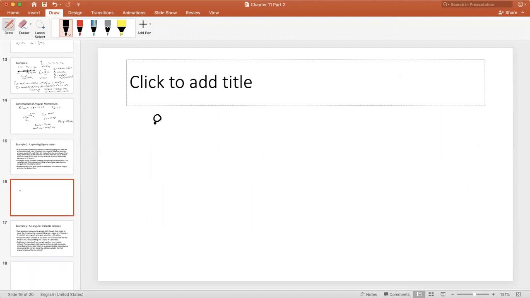So we have this figure skater, and she has her arms outstretched, and she is spinning around with positive omega. If we go back and look, this is 25 rad per second. Her fists have a mass of 3 kilograms.